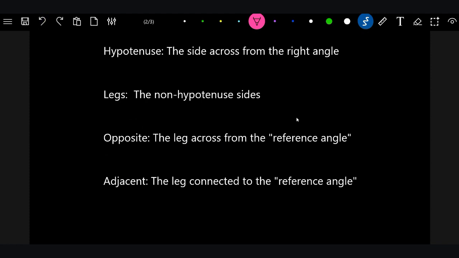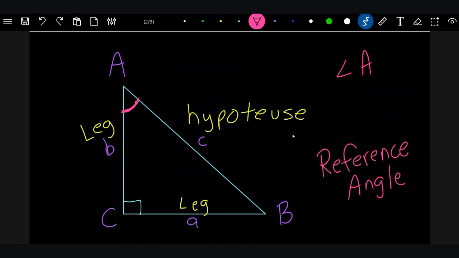The reference angle is whatever angle I'm talking about. I'm talking about angle A. So what is opposite of A? Leg A. In this case, A would be the opposite.